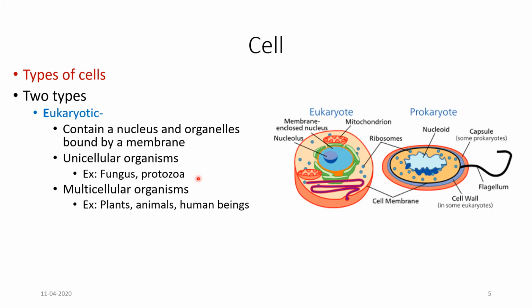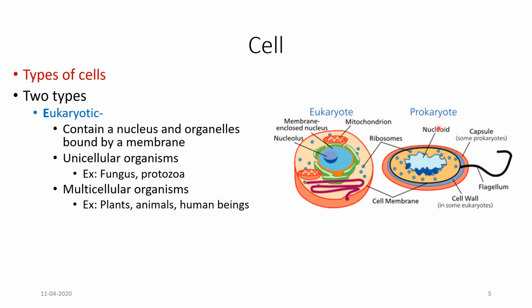Eukaryotic means the cells that contain a nucleus, because karyon means nucleus, and these cells contain the membrane-bound organelles. They are seen in the unicellular organisms and multicellular organisms.